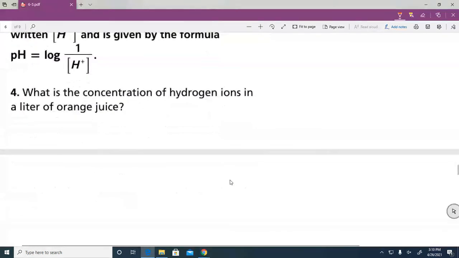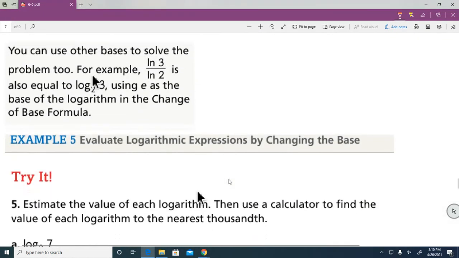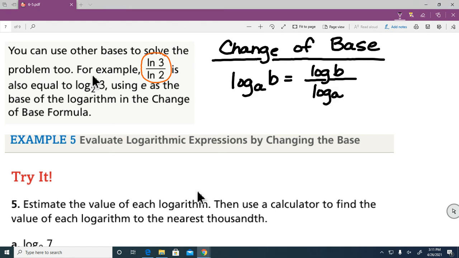Then if we look down to example 5, you'll have something called the change of base formula. And let me write down the change of base formula. The change of base formula is used to change something that has a base of a number other than e or 10 and writes it so that you can use one of the common logarithms.